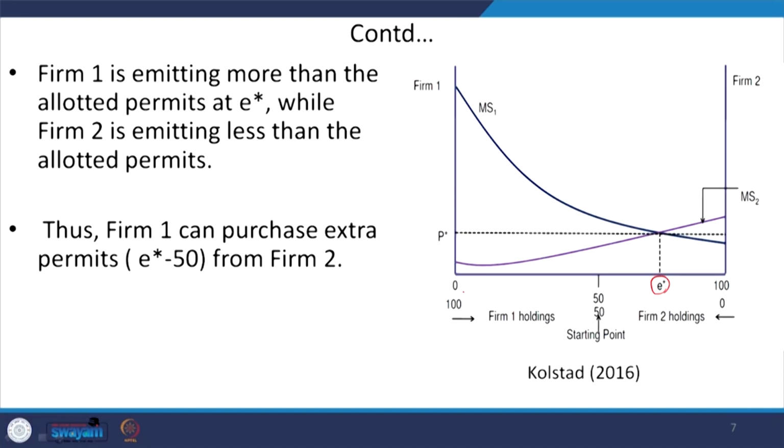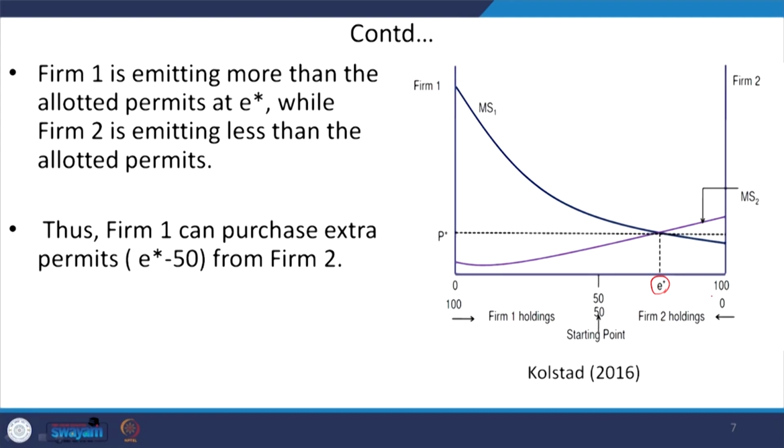However, the government is deciding that only 100 permits can be allowed, and for both the farms the government has distributed the share of these permits 50-50. So, farm 1 is holding 50 permits, and farm 2 is also holding 50 permits out of 100.